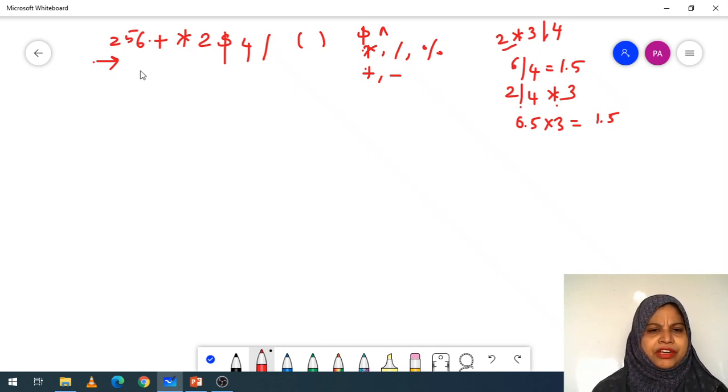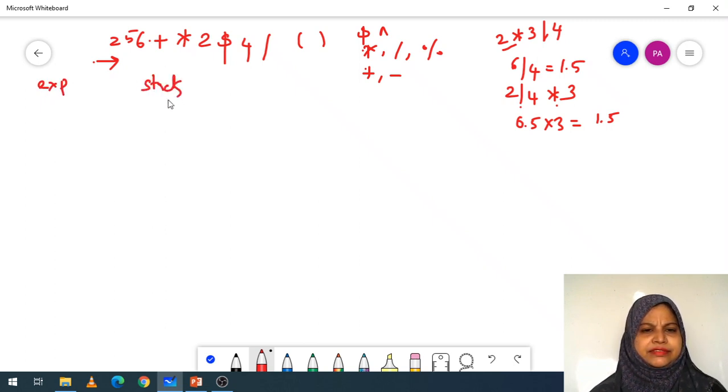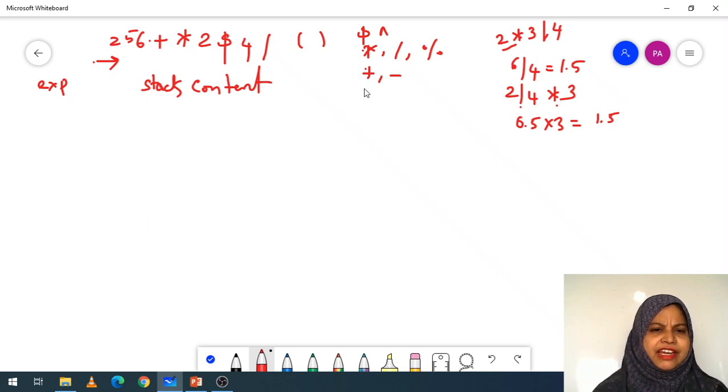Now I am going to evaluate this postfix expression by using this stack. First is the expression, next is the stack content. First we have to evaluate the expression from left to right.